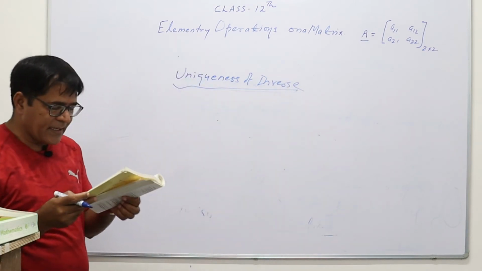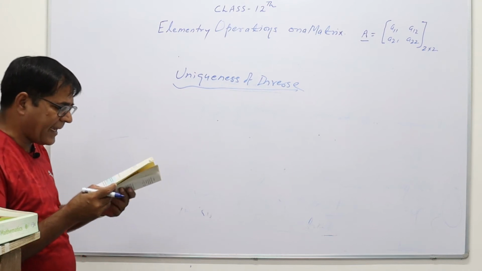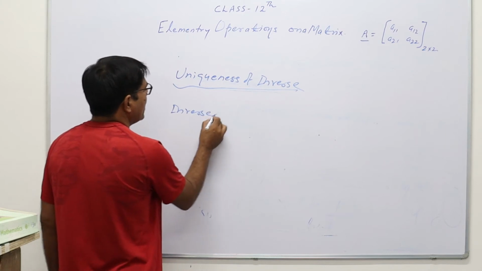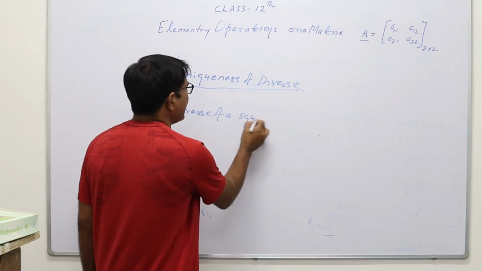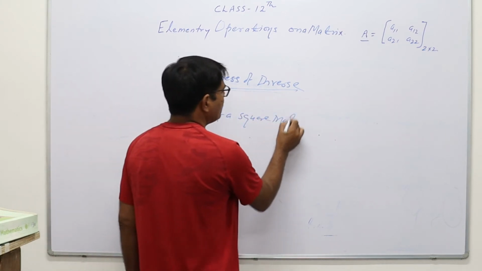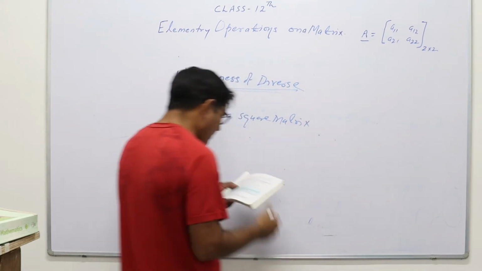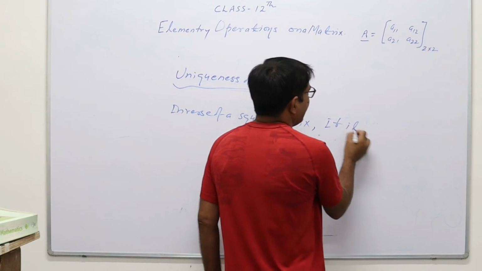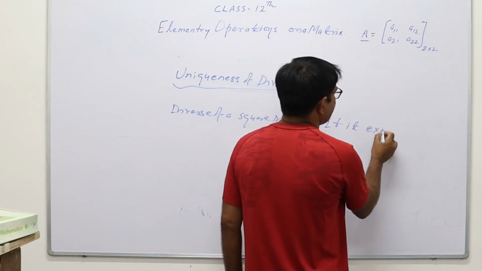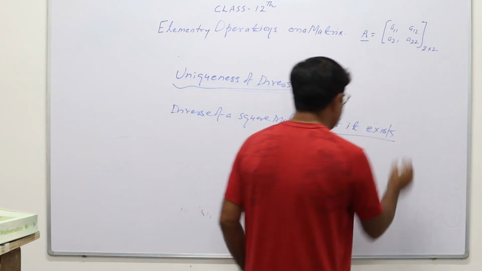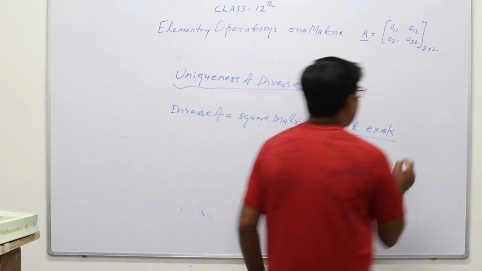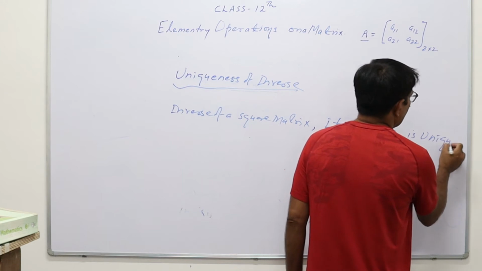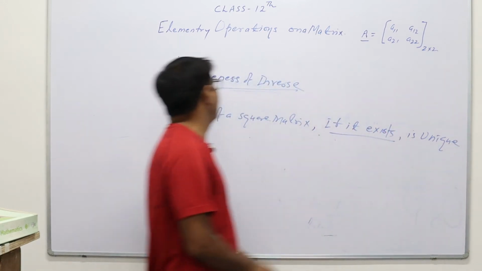Uniqueness of inverse means the inverse of a square matrix, if it exists, is unique.